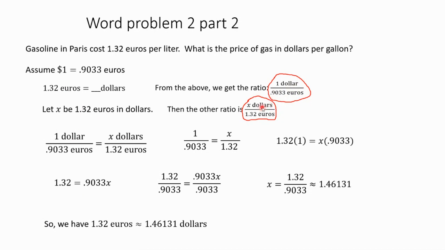Just make sure for this ratio you would have euros over dollars as well. In other words, make sure your units are in the same corresponding positions. Right here, euros is in the denominator here and here as well. Dollars is in the numerator here and here.